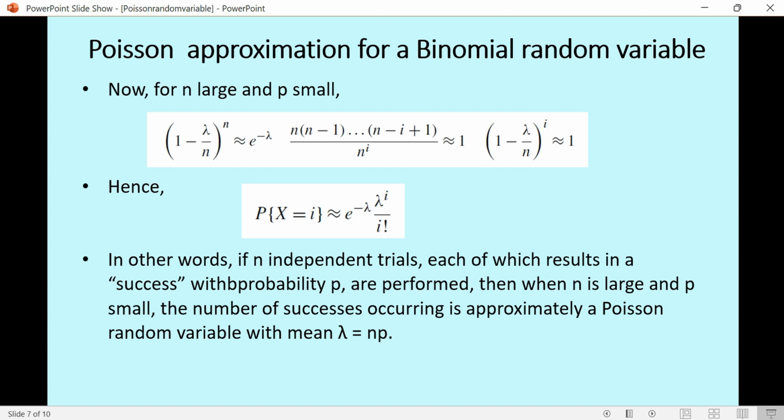So this lambda is np, and p is a very small constant rate, but in a predefined time interval, np is the lambda. For example, if in 10 hours there are 2 telephone calls coming in, and we define the 10 hours as the time interval, then lambda is 2.